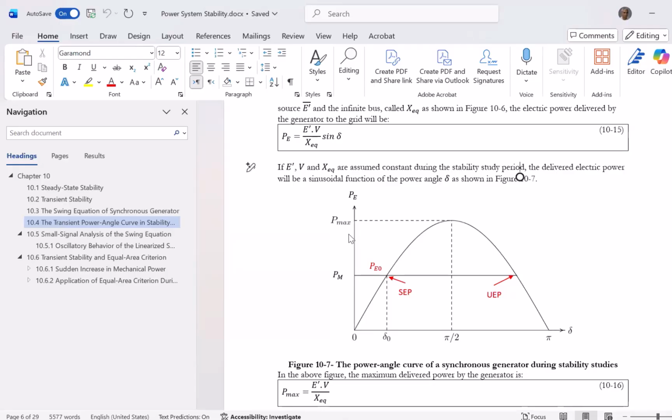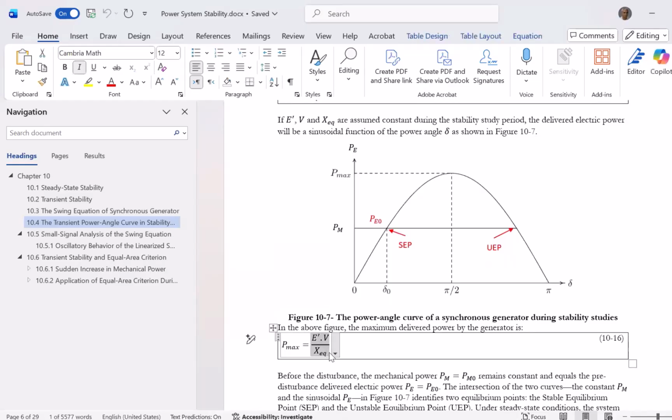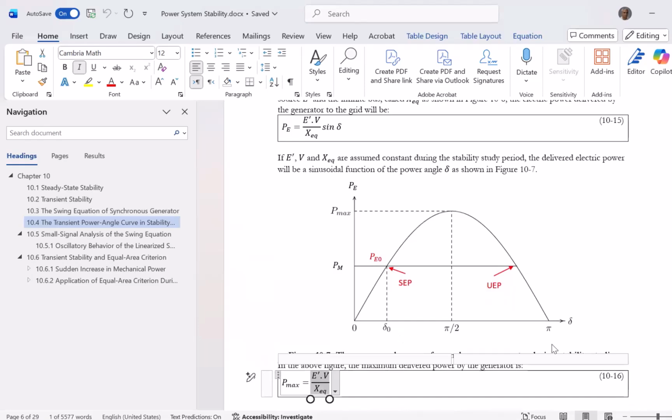The maximum power that we deliver to the system under these circumstances would be the maximum point of this electric curve, which is equal to E prime V over X equivalent. So here we're making a few assumptions. E prime, V, and X equivalent are all constants. PM is constant. Under these circumstances, I have to be somewhere on this curve.